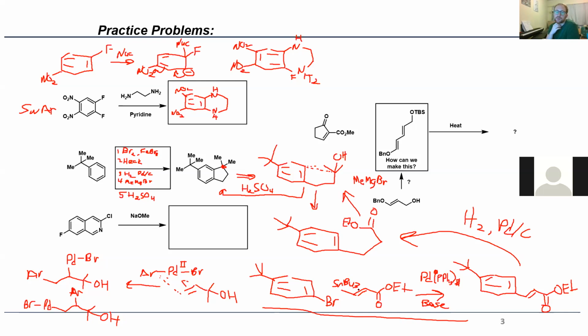So I think a Stille reaction would be good too. You could also couple it to something that looks like this, if you protected the alcohol, you could make the vinyl Grignard. This would be a good coupling partner, and that would be a Kumada coupling. So I think there's a lot of options there.